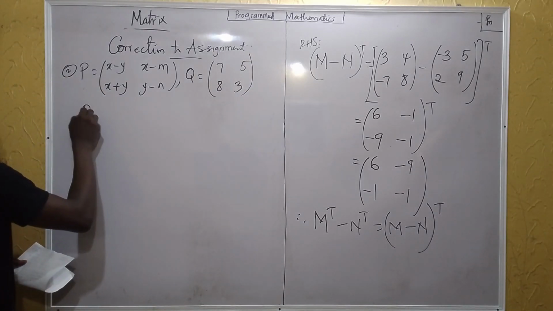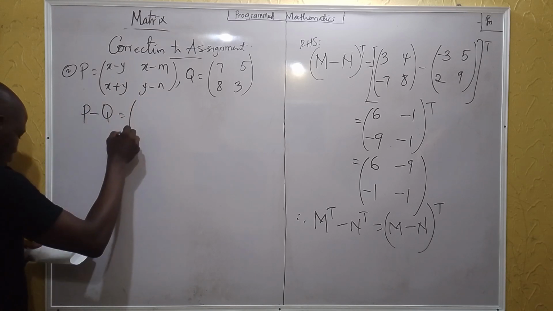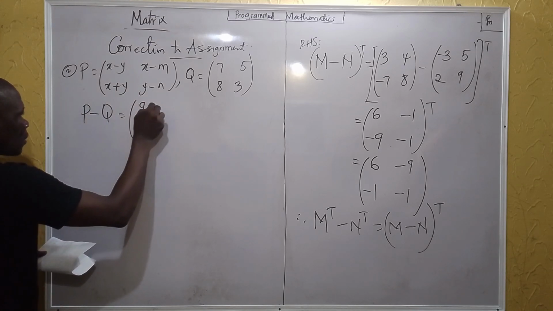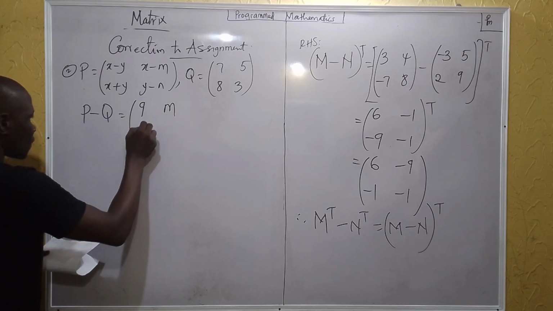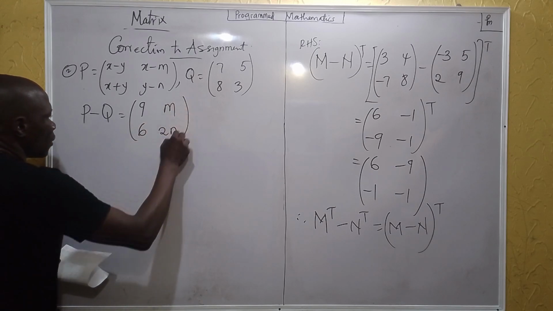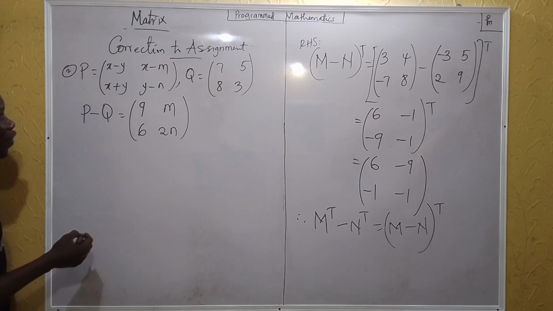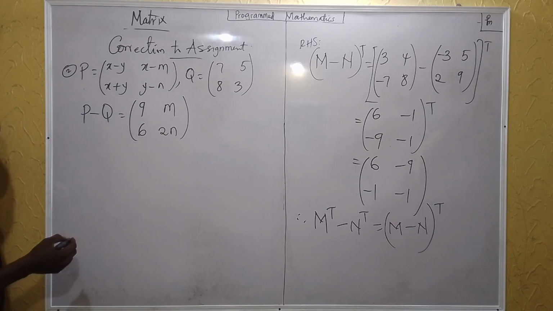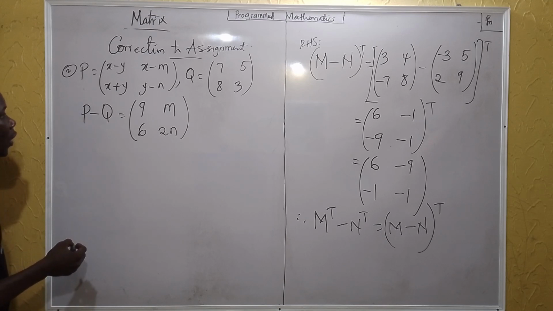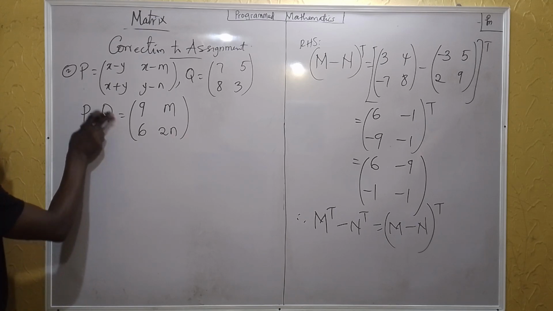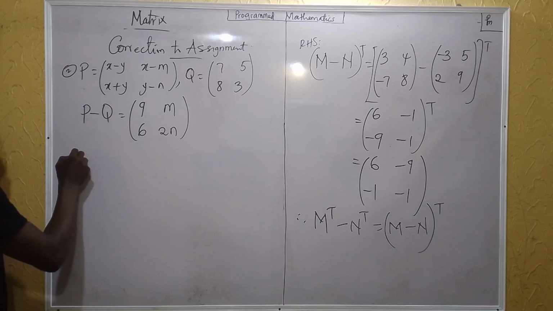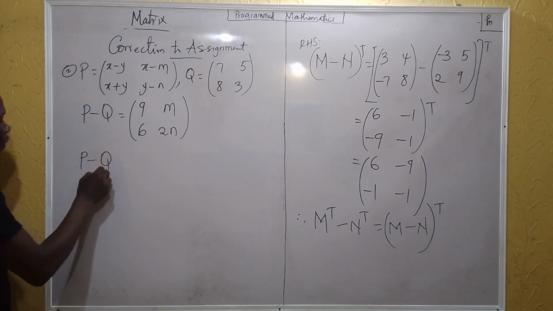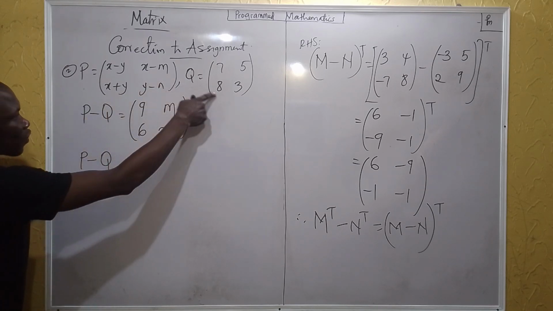The difference between the two matrices, P minus Q, is also given to be 9, m, 6, 2n. The question is for us to find the values of x, y, m, and n. So we have the difference already given. Let's take it the usual way, assuming we want to find P minus Q.